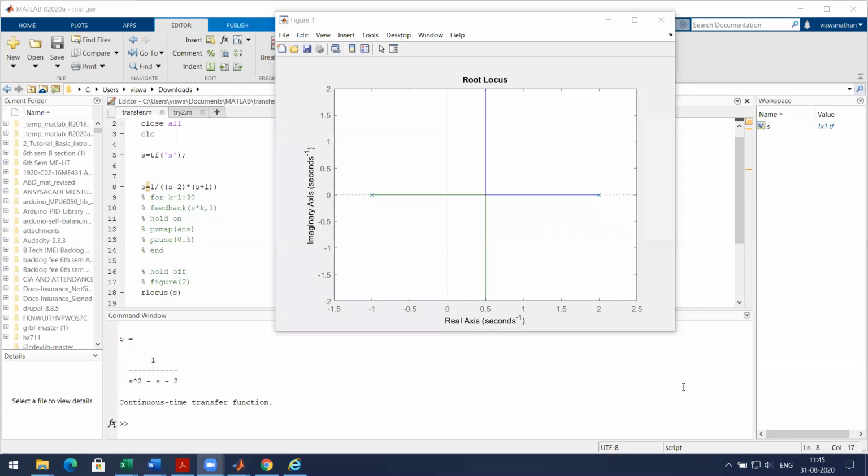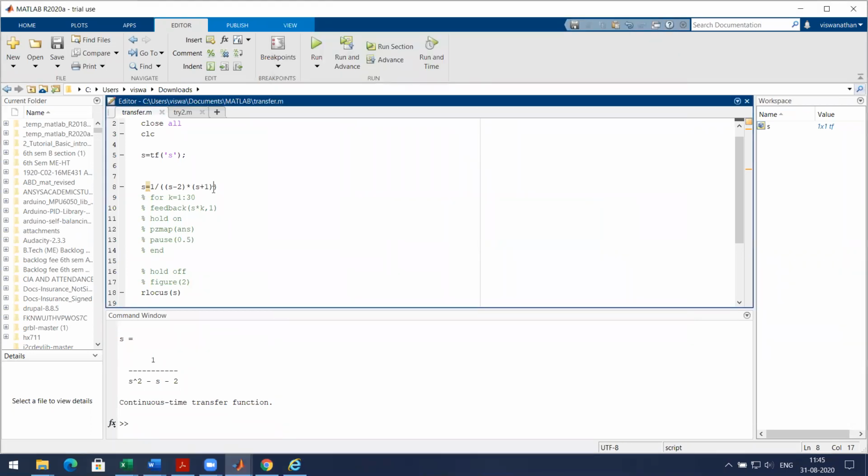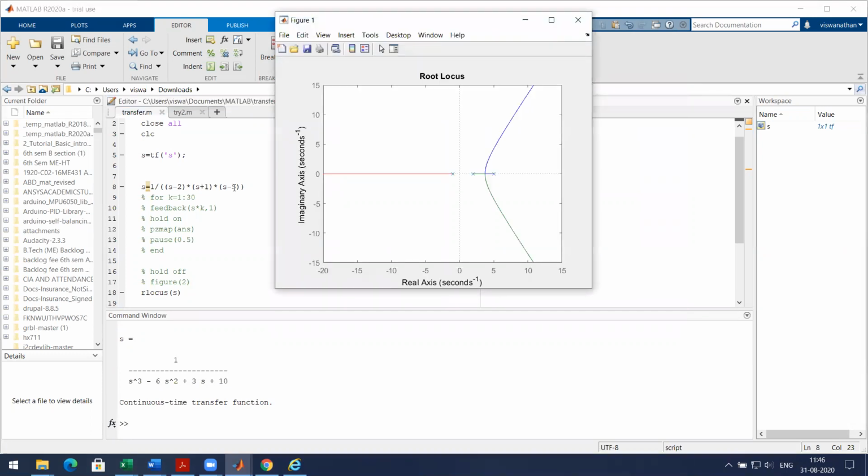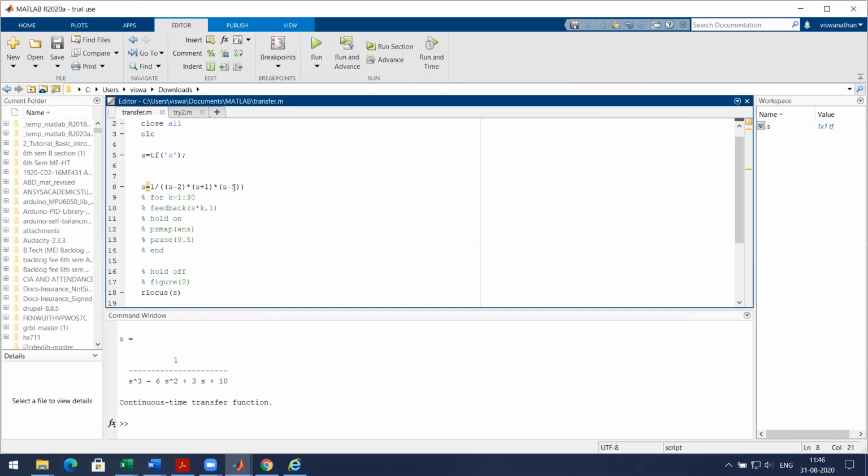Now, what if we change the poles, if you add a pole? What will happen? You need to add another 0 because it'll go to infinity. If you add a pole, will it help? We'll see. Okay, I'll add s plus 5 itself.